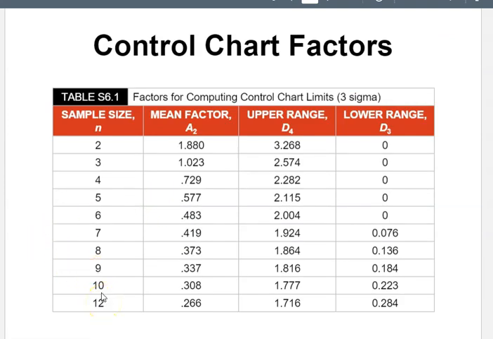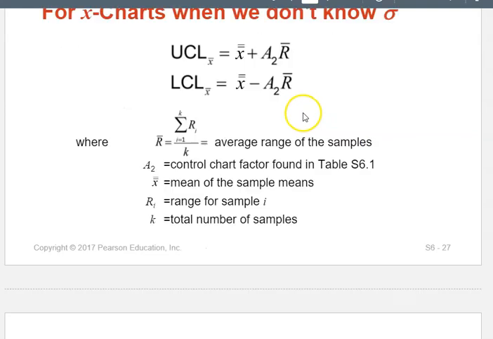If one has, the table will be provided to you for that specific sample size. So you won't have to be worried about that. This number, you will get it from us, right? So A2 is for the Xbar chart with the range values. D4 and D3 are for the R chart, not the Xbar chart.